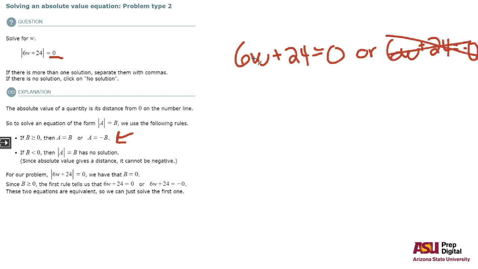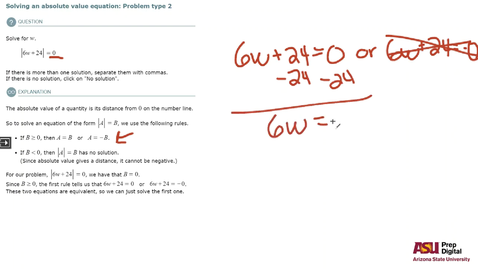So we're just going to solve this one. I'm going to start by subtracting 24. And that gives me 6w is equal to negative 24. Divide by 6, and that gives me w is equal to negative 4.